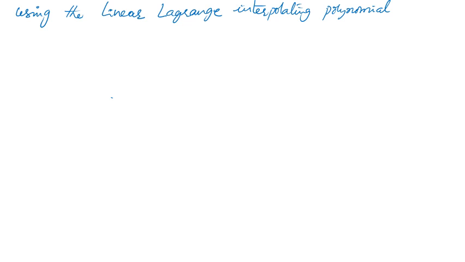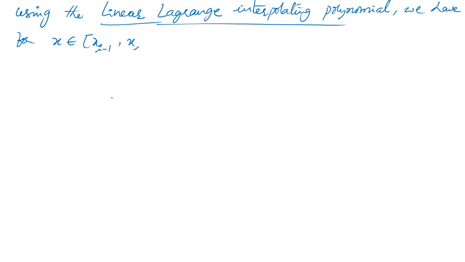You know what a Lagrange linear interpolating polynomial is? We have, for each x belonging to the subinterval [xi minus 1, xi], each subinterval meaning x0 to x1, x1 to x2, x2 to x3, like that, the piecewise linear interpolating polynomial.